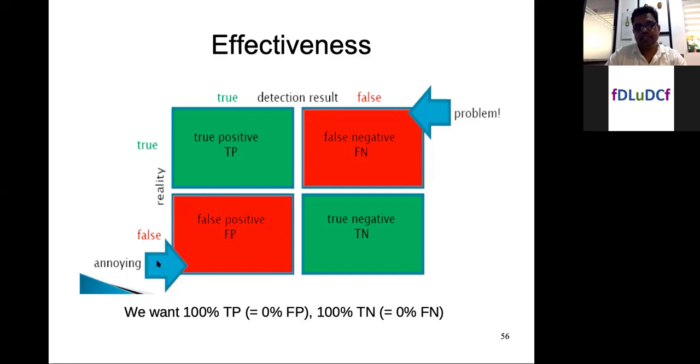Your system admin may panic even without attacks. So both of these ends are problematic. This one is more dangerous, but even this one is dangerous. Practically, what we want is 100% true positive and 0% false positive, and 100% true negative and 0% false negative. But practically we don't get this result.